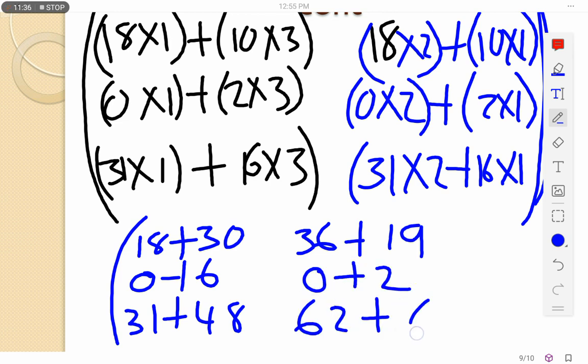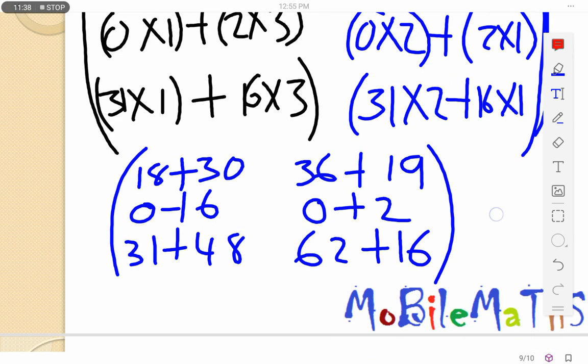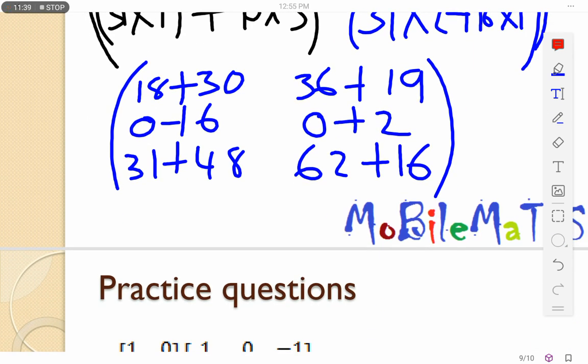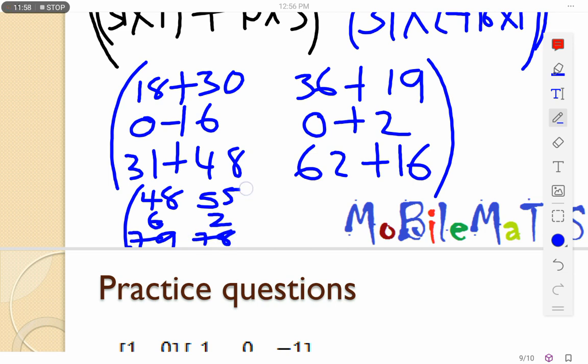Now the final thing that I'll get at the end of the day is 48, 6, 79. Then I'll get 55, 2, and a 78 here. So this is the final solution.